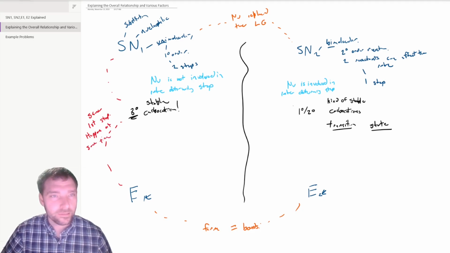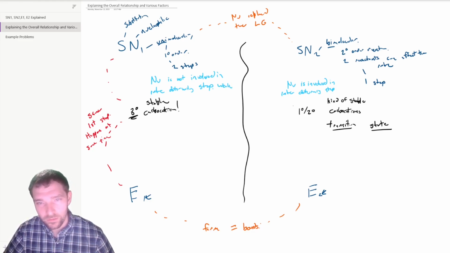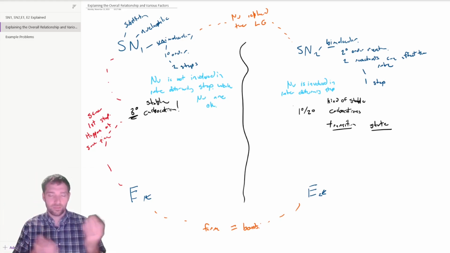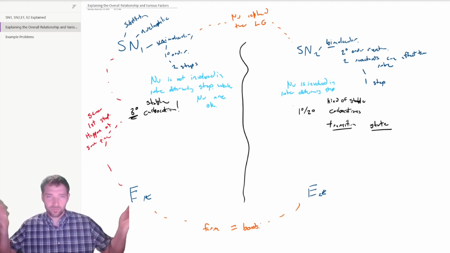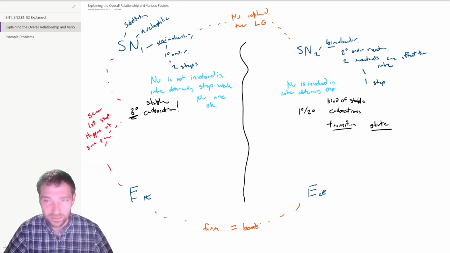And that means that because the nucleophile is not involved, it's okay to have weak ones. Weak nucleophiles are okay because it doesn't really matter how strong that is, since we've got a carbocation, and the nucleophile is going to be attacking it even if it's relatively weak.